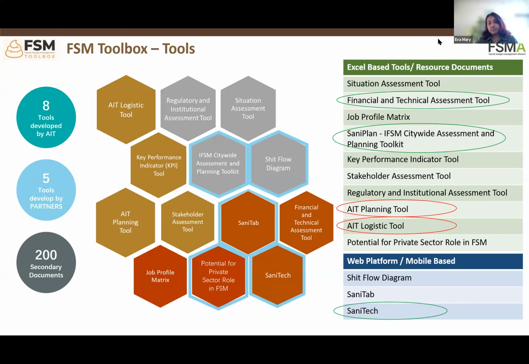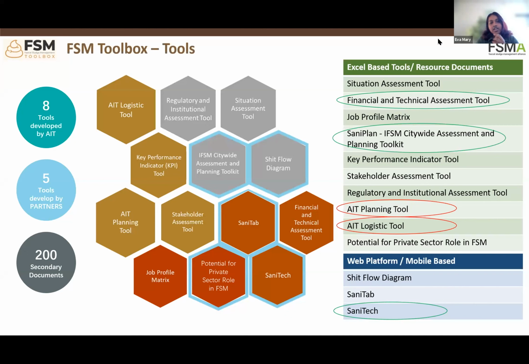Apart from AIT's planning and logistic tool, the other tools are implemented in the web platform with modifications, coming together and implemented in the algorithm of the planning tool of the FSM Toolbox. But because AIT is currently having their own version of their tool, that is not directly involved.